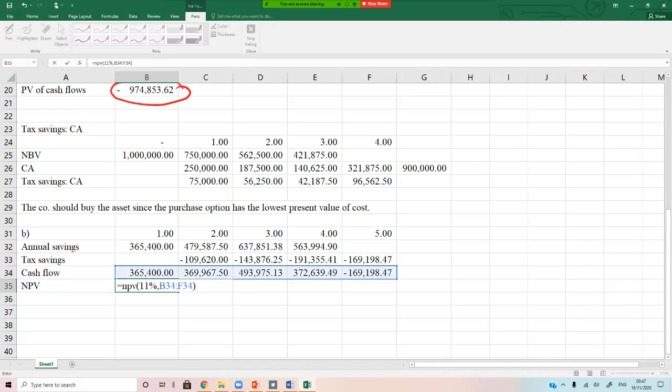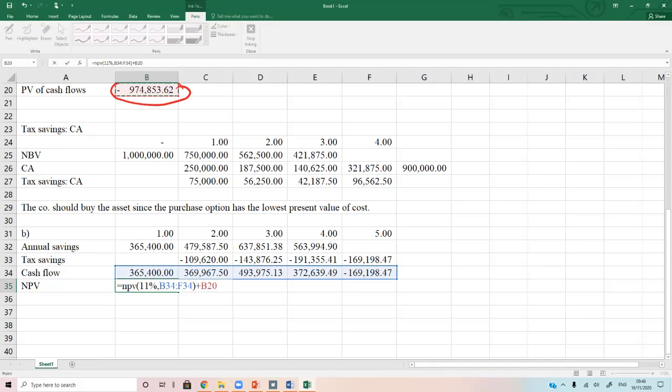Then don't forget the decision you just made up there. As in part A, the company should buy the asset, and the present value of the cost was 974,000. Because in part A you said it's better for the company to buy the asset, the cost should be 974,000.